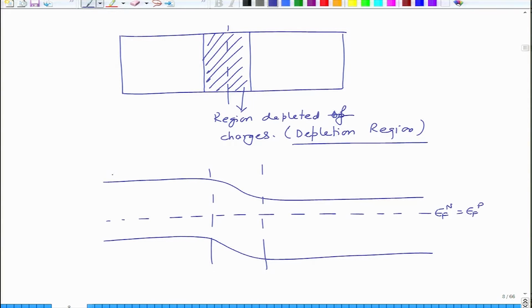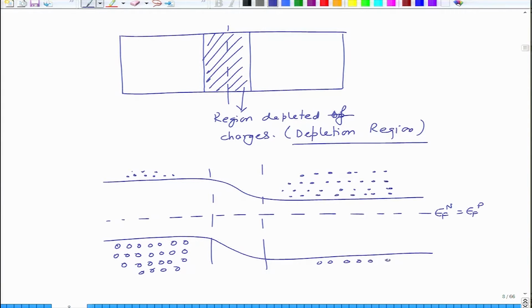So this is the P side, you have a lot of holes on this side, but you have few electrons on this side, right. On the other hand, you have a lot of electrons on this side, but you have few holes on this side.